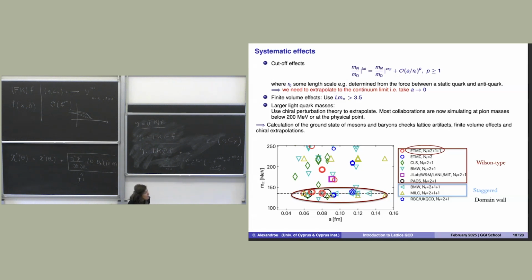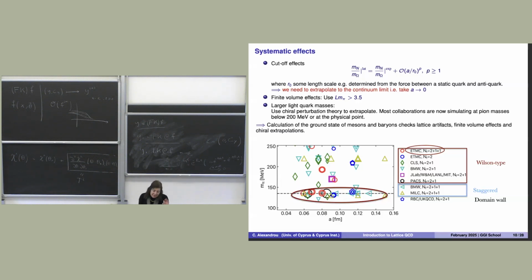Okay, JLab, this is an American collaboration with MIT and William and Mary. Clover, they either do no smearing or they do smearing, it depends. PACS is Japanese, from Japan, mainly KEK. And MILC is an American collaboration. They do staggered fermions, and they have been doing staggered since the beginning.